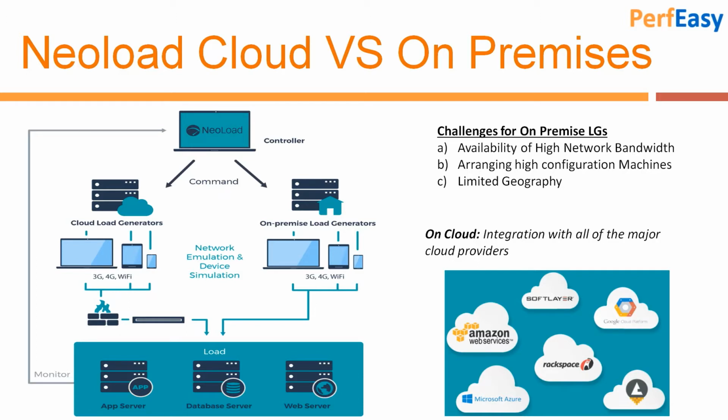This activity would require that we set up the load generator machines on the cloud, switch on those machines when we are going to run the test, and close the machines when we are completed with the testing activity. So to solve those problems, Neoload also has integration with all the major cloud providers.